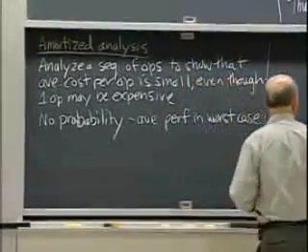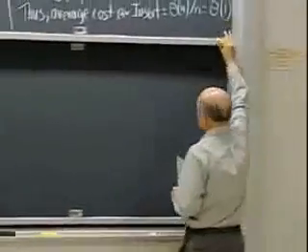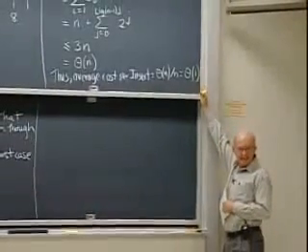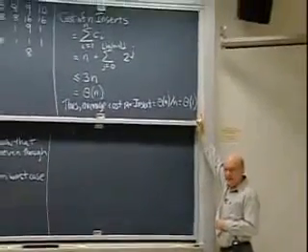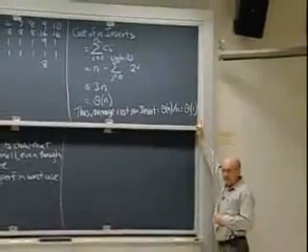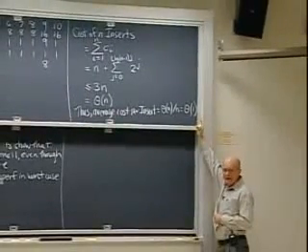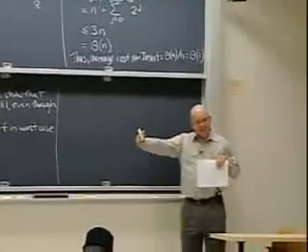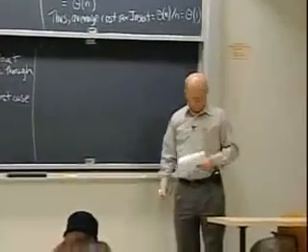Because n operations take me a constant amount of time per operation in the worst case. N operations take me order n time. Each operation takes order 1 time, but it's amortized over the n operations.